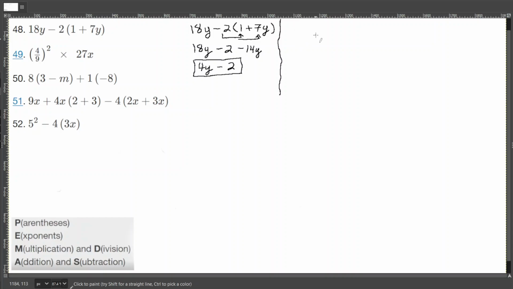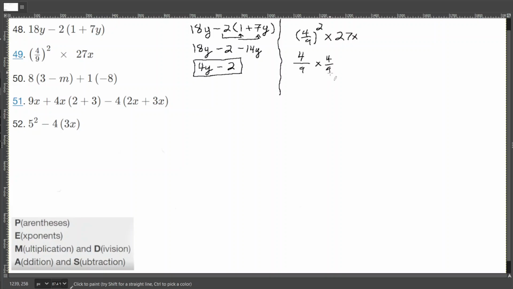But anyway, so now we have 4/9 squared times 27x, okay? So this one's a fun one. So 4/9 squared, right, is going to be 4/9 times 4/9.